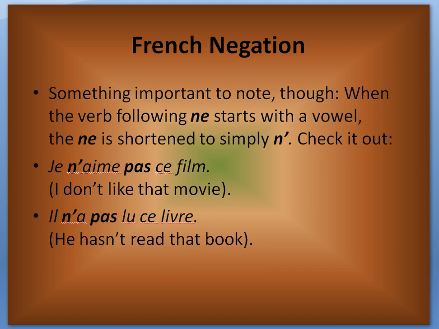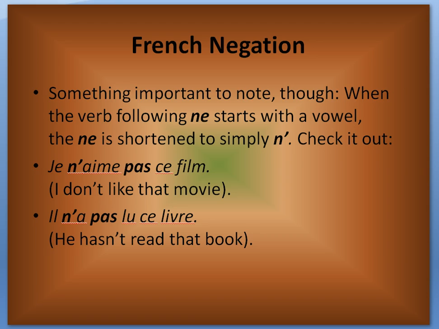An important point to note: if the verb following ne starts with a vowel, then the ne is shortened to simply n apostrophe. Je n'aime pas ce film. Je is the subject, aime is the conjugated form of aimer.